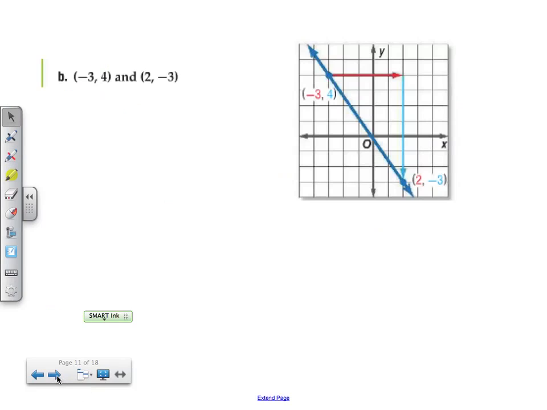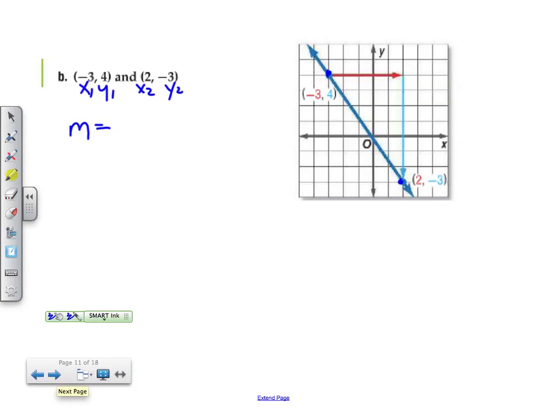Let's look at another one. -3, 4, and 2, -3. Here's -3, 4, and 2, -3. Okay, m equals, let's label our points for x sub 1 and y sub 1, x sub 2 and y sub 2. Takes a second to label that point, but it's really worthwhile. It really keeps you from making careless mistakes.